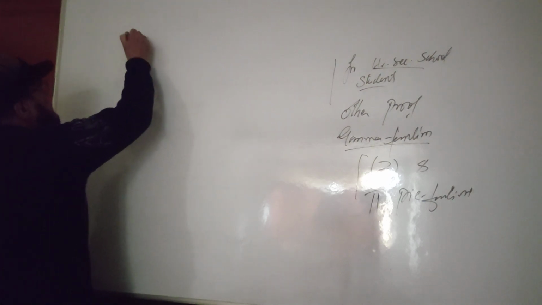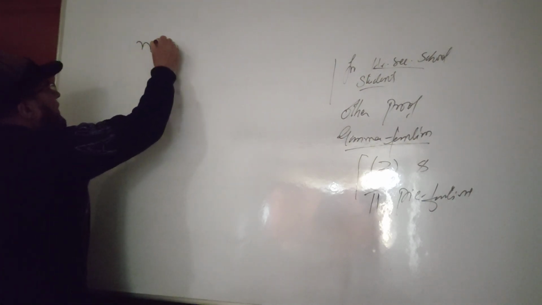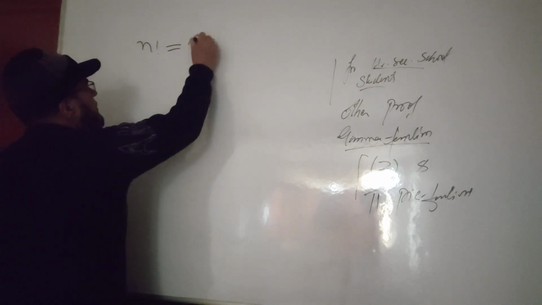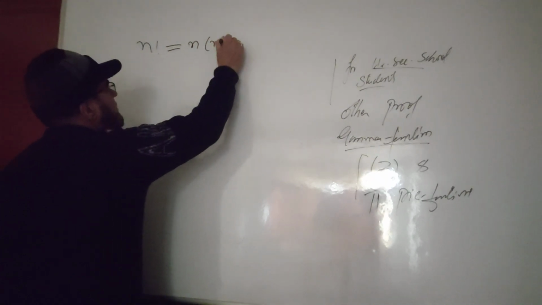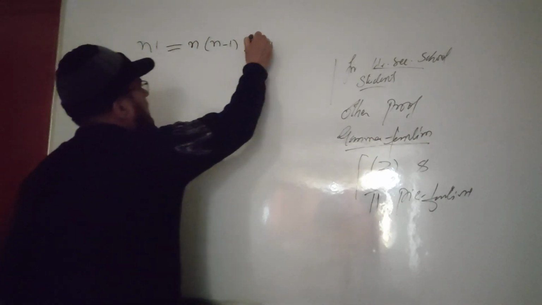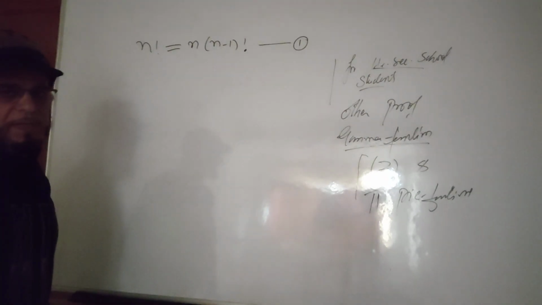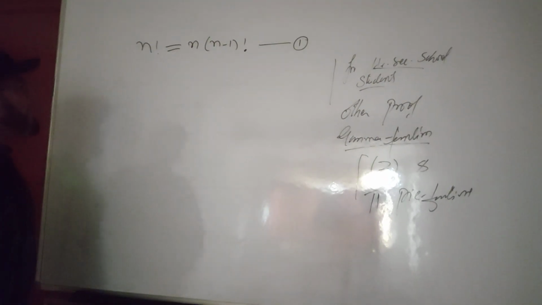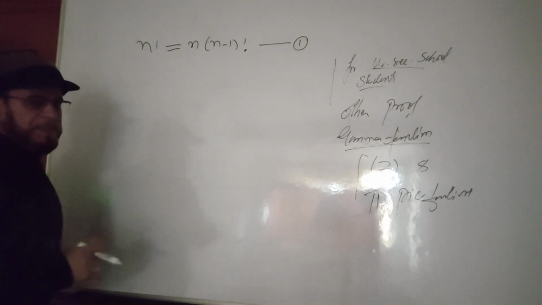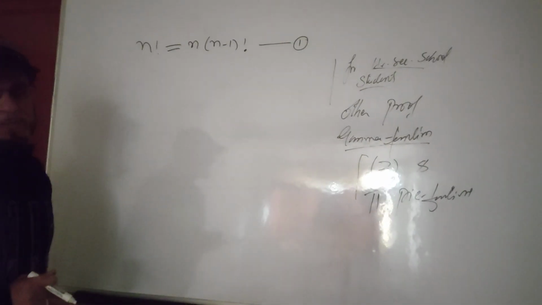As we have just seen, we can write n factorial as n into (n minus 1) factorial. Name this first. I will first derive the value of 1 factorial.